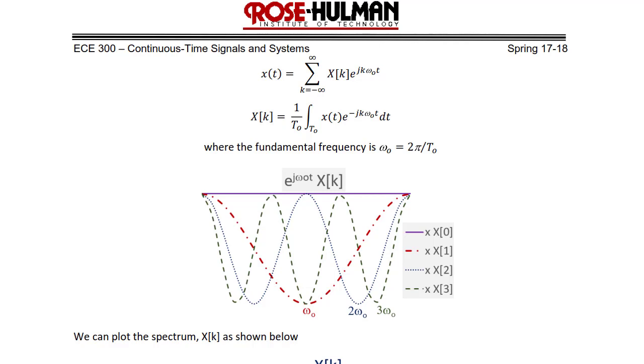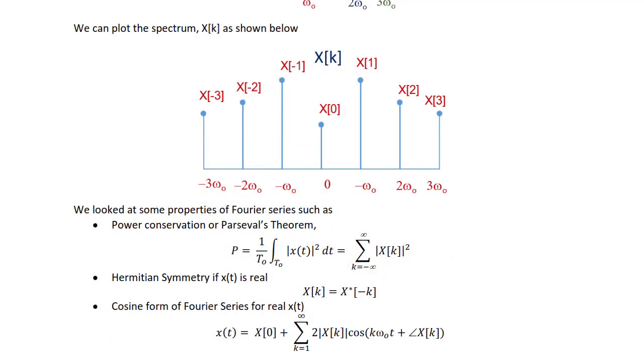Always think about your cover page for your study guide, which is an example of summing those harmonics to get a square wave. So then here we have a plot of the spectrum X[k], which shows the frequency content in x(t), where each harmonic, ω₀, 2ω₀, 3ω₀, etc., has a stem plot with its value of the Fourier series coefficients X[0], X[1], X[2], and so on.